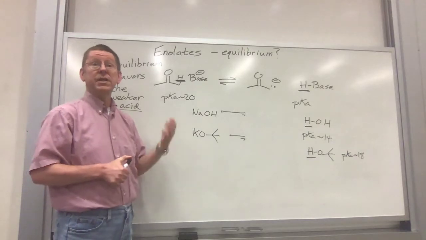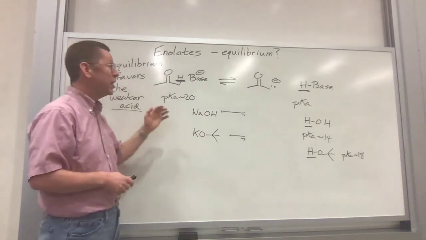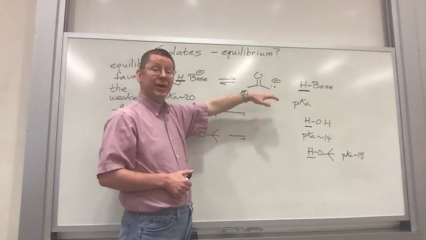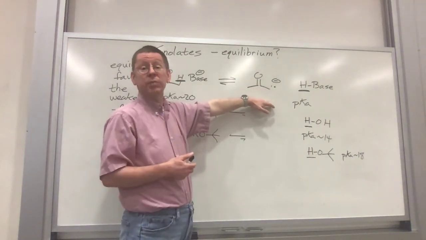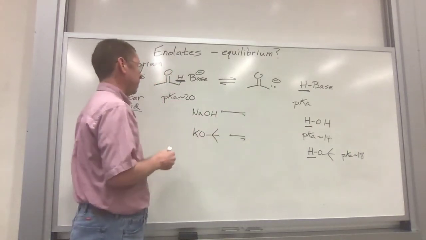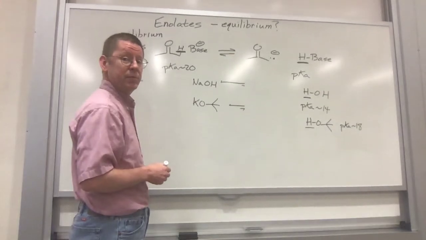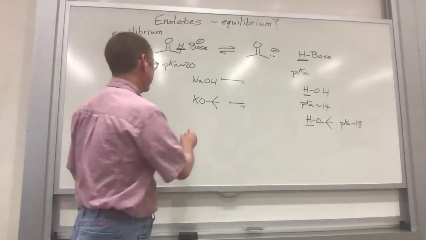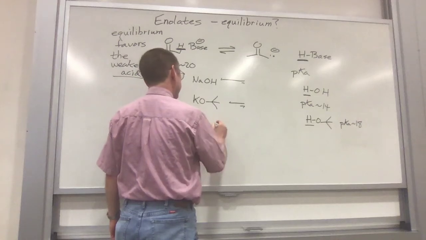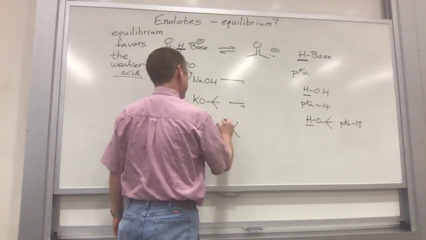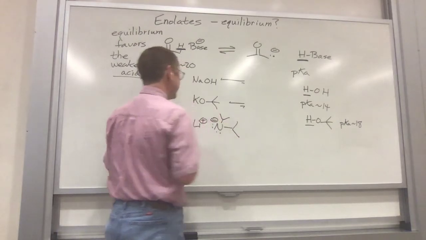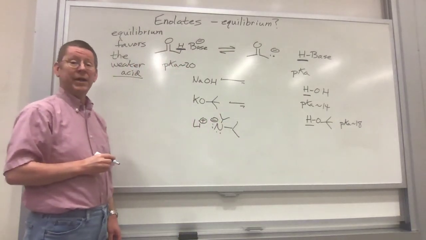If, as we're going to see for some of the chemistry we'll talk about, we really want this thing over here, we want it to be essentially completely enolate, we need to go to a much stronger base. And here, as I slide this up a little bit to make it easier to draw, the much stronger base that we're going to typically encounter is something called lithium diisopropylamide.